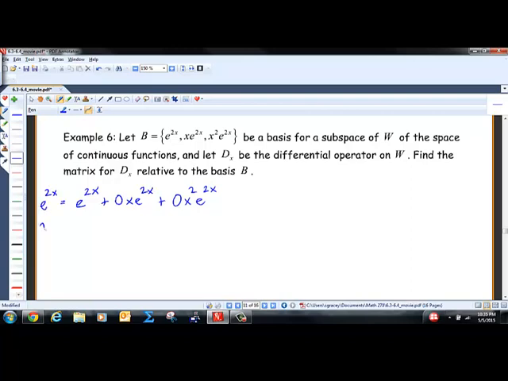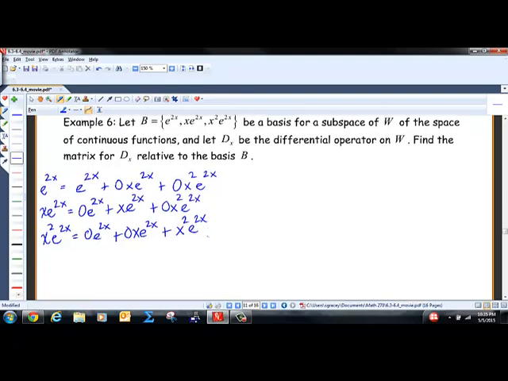And x e to the 2x is equal to 0 of these e to the 2x's plus one of those x e to the 2x's, and then we've got 0 of this guy. And then x squared e to the 2x is equal to, the first guy is 0 out, and then you're left with one of these x squared e to the 2x's. Okay, so far? Awesome.